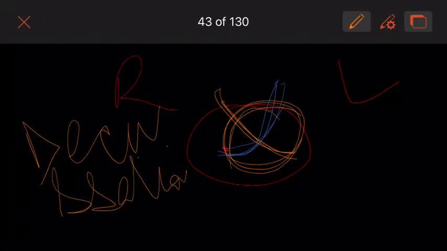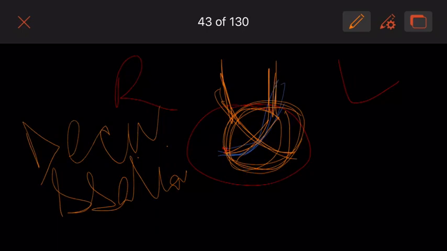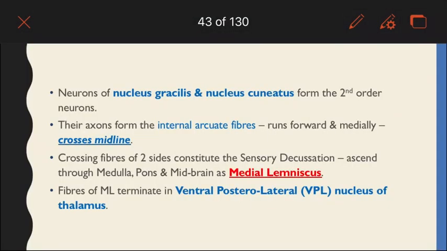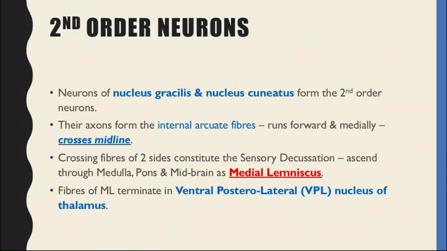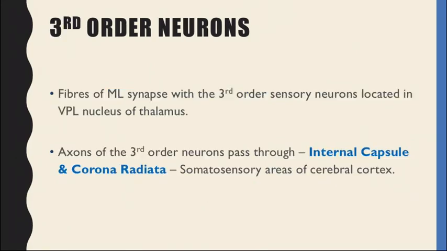This crossing over is called the sensory decussation, and then they are called the medial lemniscus pathway. These medial lemniscus fibers terminate in the ventral posterolateral nucleus of the thalamus. That is the second order neuron. What was the third order neuron?